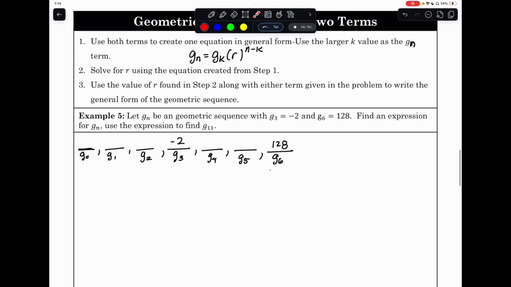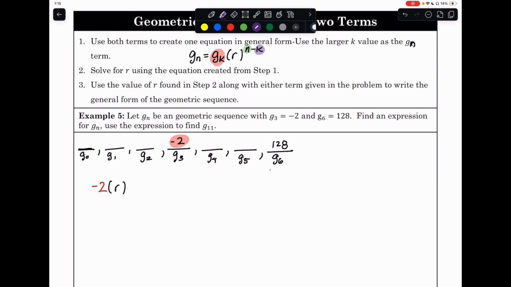So like I said, this is how we're going to set up the equation. We start by looking at the prior number in the sequence compared to its successor. So we're going to get this value here, -2, and that's going to be this quantity here. So -2, we're going to multiply that with our value of r, which we do not know, and we're going to raise it to the n minus k power.